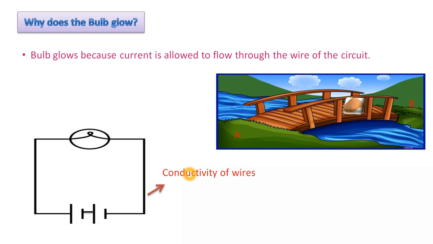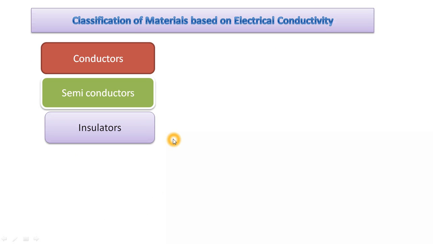Here the material is nothing but the wires. These wires also need to be good conductors of electricity so that the bulb can glow when the circuit is complete. So based on this, let's look at the different types of materials which have been classified based on their electrical conductivity.